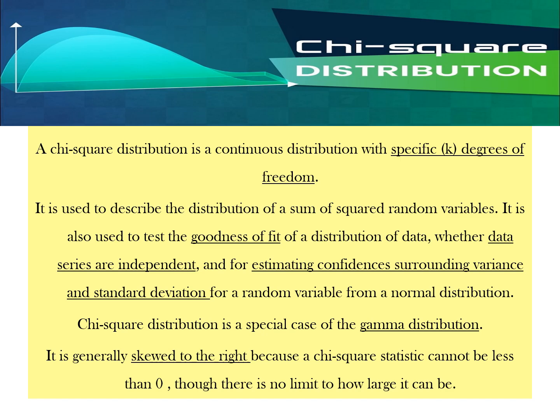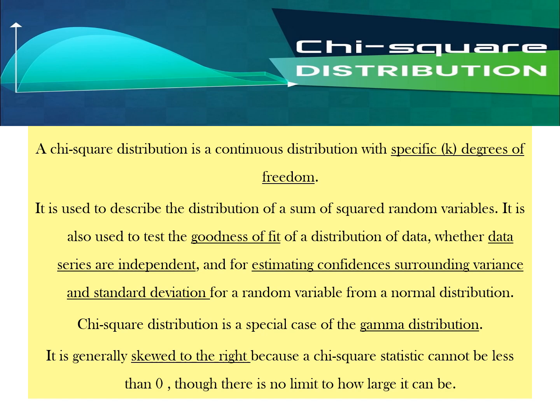It is also used to test the goodness of fit of a distribution of the data, whether the data series are independent, and for estimating confidence intervals surrounding variance and squared deviation for a random variable from a normal distribution. It's a special case of the gamma distribution. The last two lines are very important.